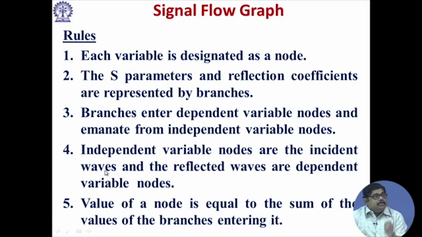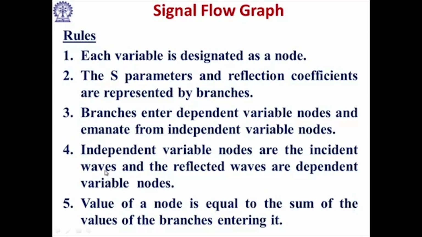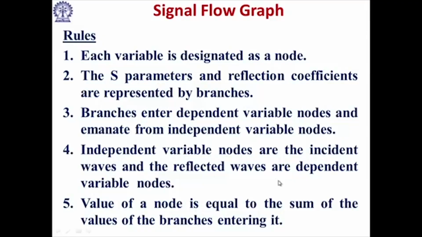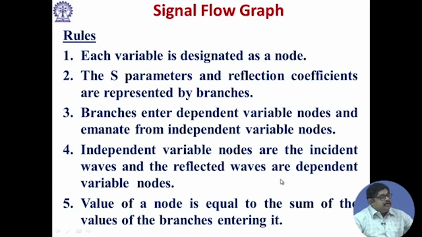So, you see that which are incident, that means the excitation waves coming from the source, they are the independent variables. And obviously, depending on the network's behavior, you get a reflected wave, that is a dependent variable node. Value of a node is equal to the sum of the values of the branches entering it.